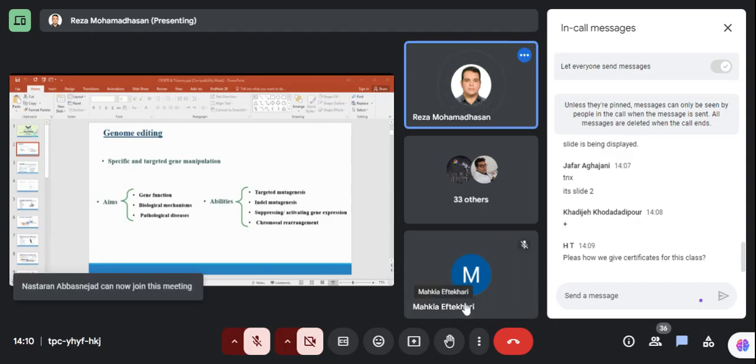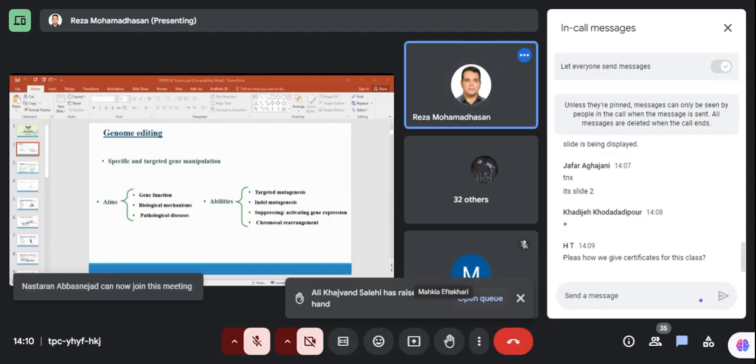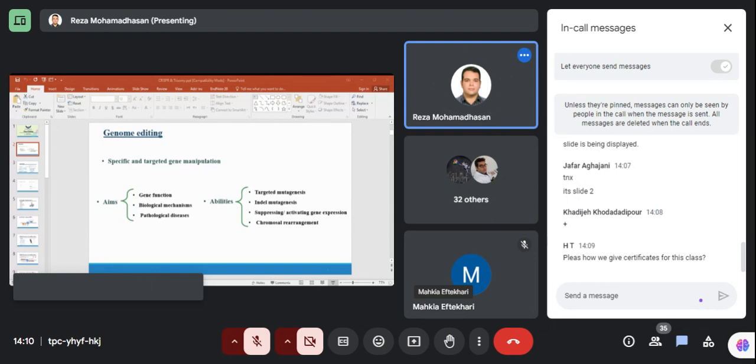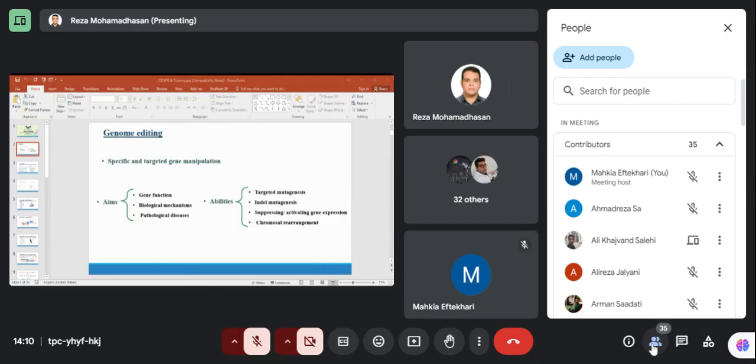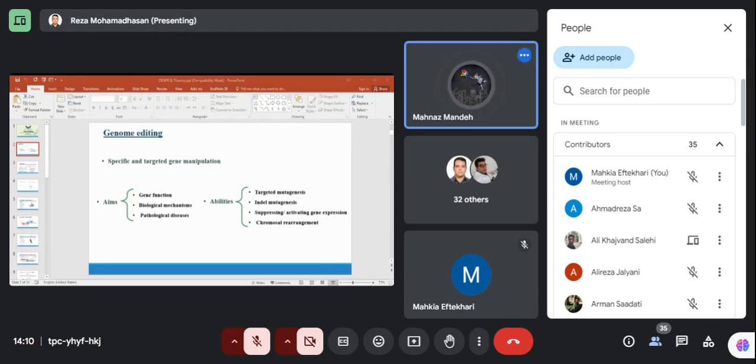Yeah, we can see slide number 2 now, genome editing. Really? Yes, it doesn't change. Oh my goodness. What's wrong?